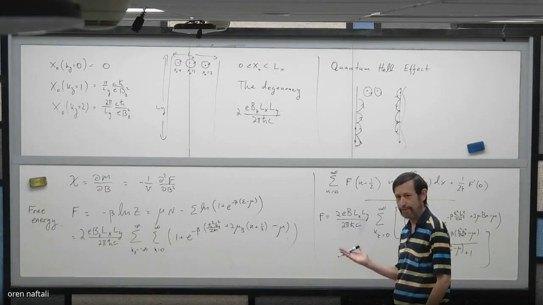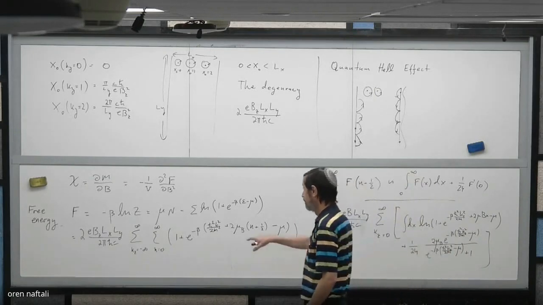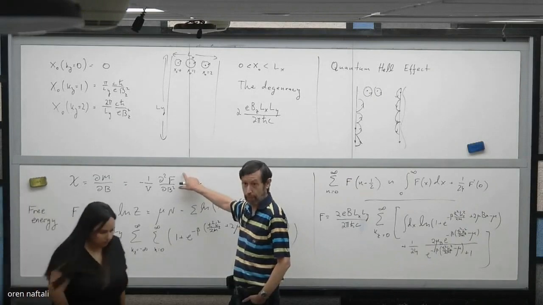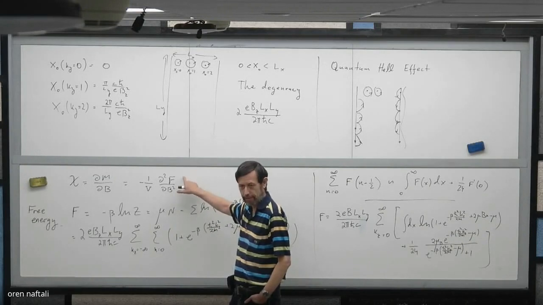Why are we doing this calculation? We want to do a second derivative on B to get the susceptibility. So the main thing that we have to worry about is getting a correct dependence on B.